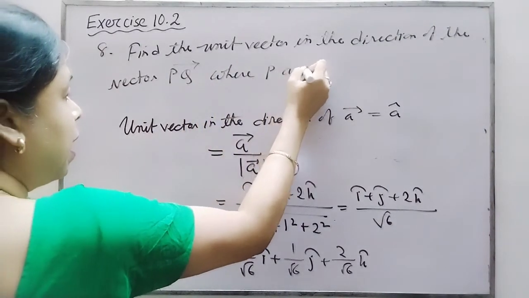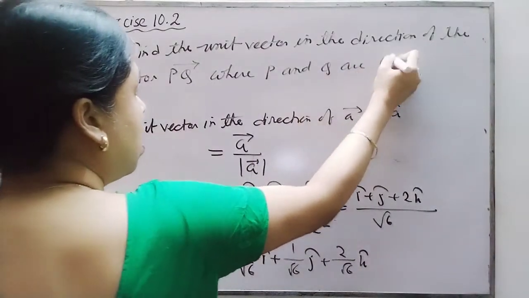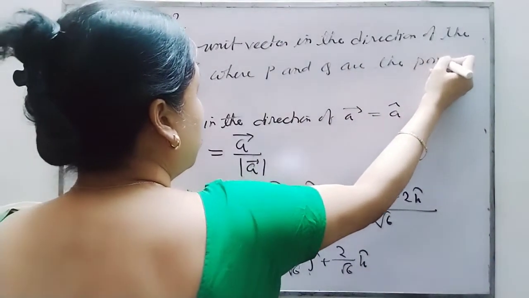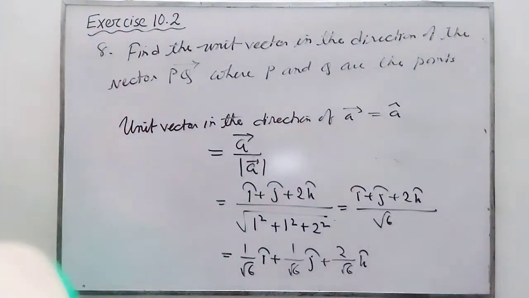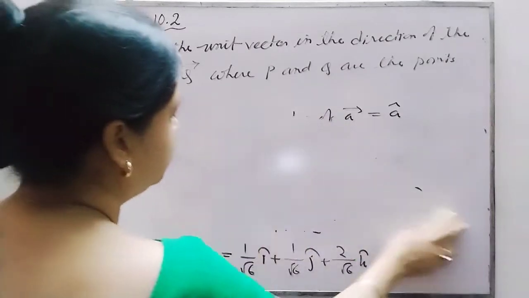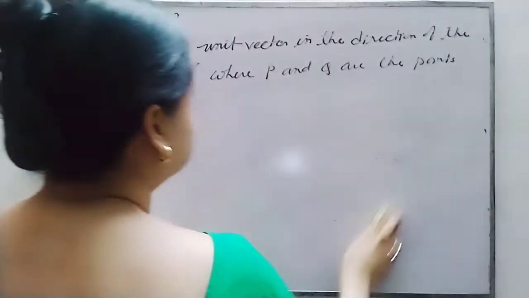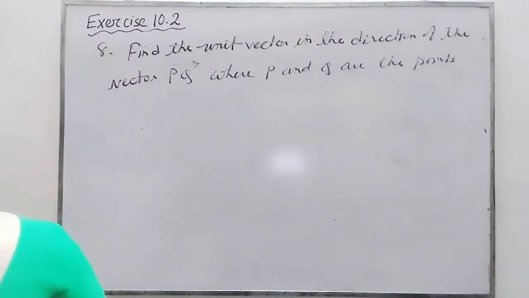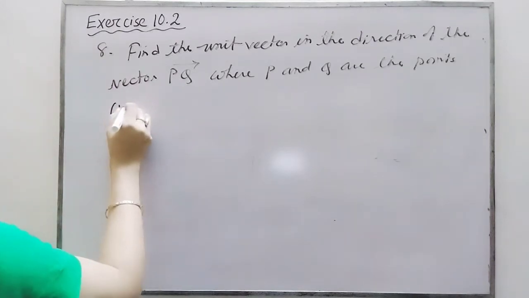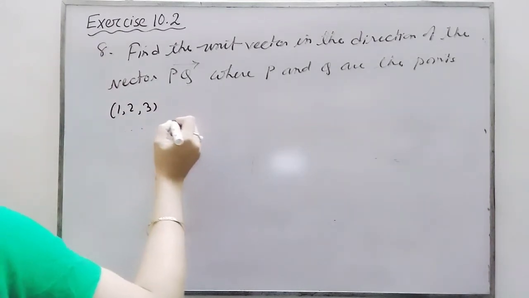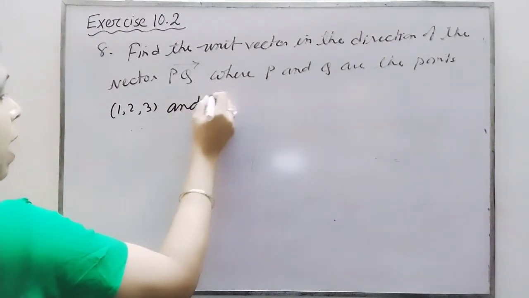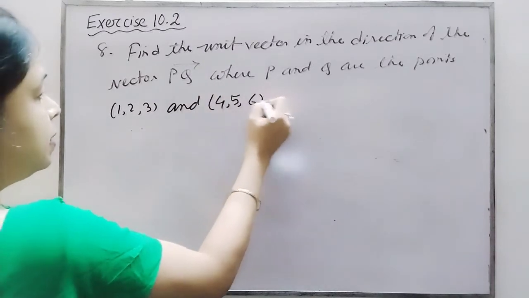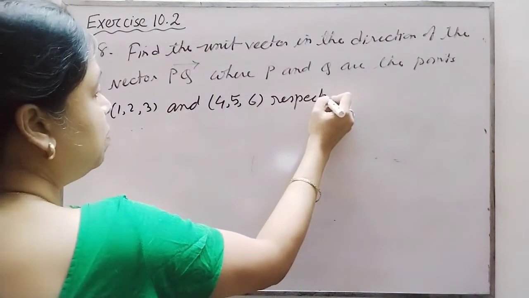P and Q are the points 1 2 3 and 4 5 6 respectively.